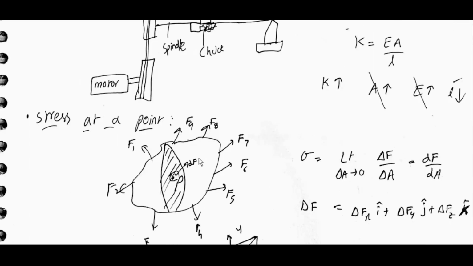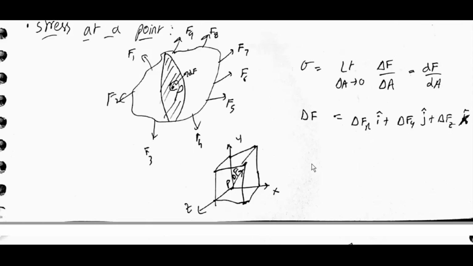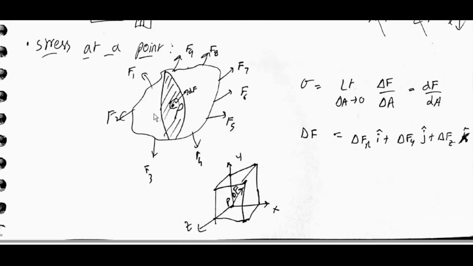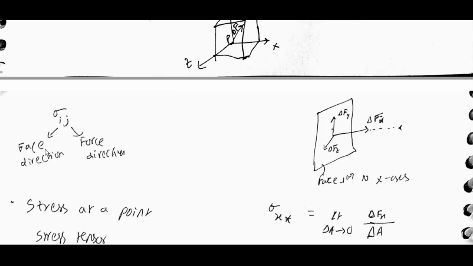Stress at a point: sigma is equal to limit delta A tends to 0 of delta F by delta A, equal to dF by dA. Delta F is equal to delta Fx i cap plus delta Fy j cap plus delta Fz k cap. X, Y, Z, F, dF, sigma ij: i is face direction, j is force direction.